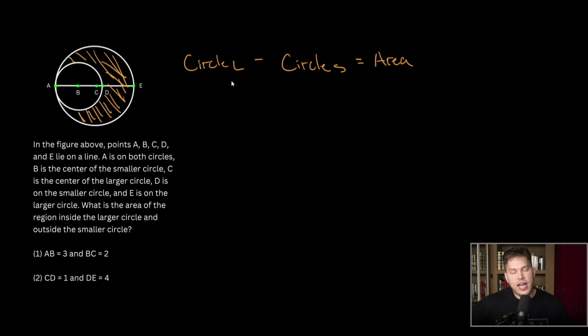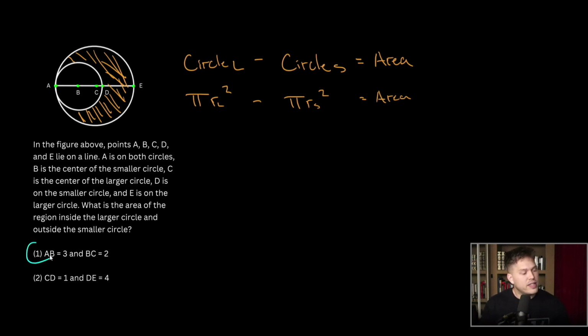We know that the area is just pi r squared, so we need the radius of our larger circle and the radius of our smaller circle. So what about statement 1?